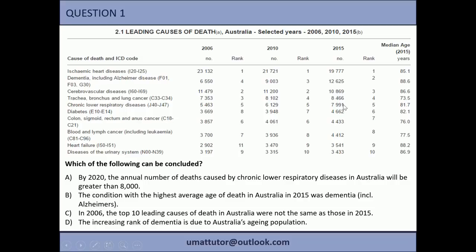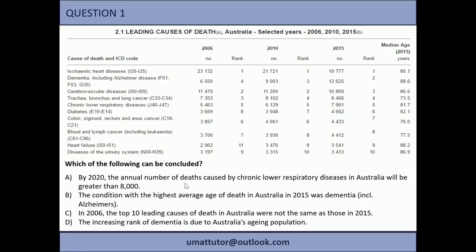In another 5 years with that upsloping trend, you would imagine that the number would be over 8,000, but you just can't be sure. If there is, for example, a new treatment option that becomes available in that time, or if the population decreases in that time, then it might not be the case.